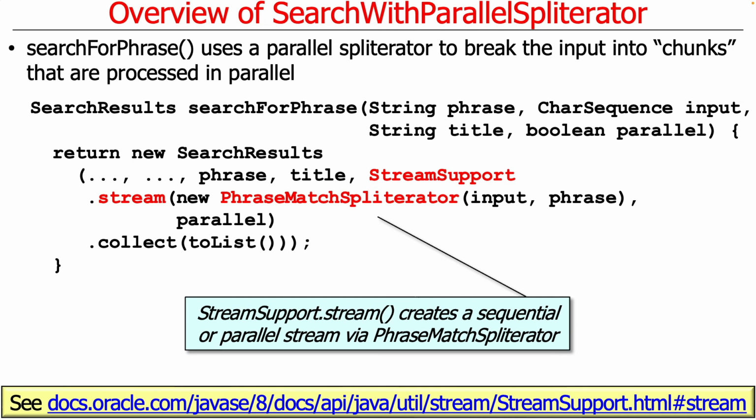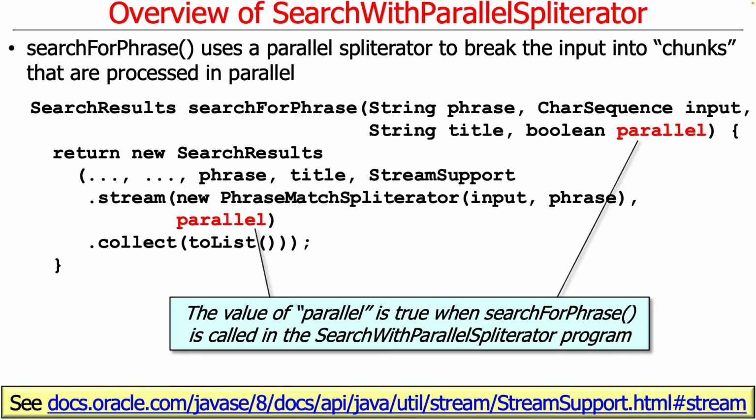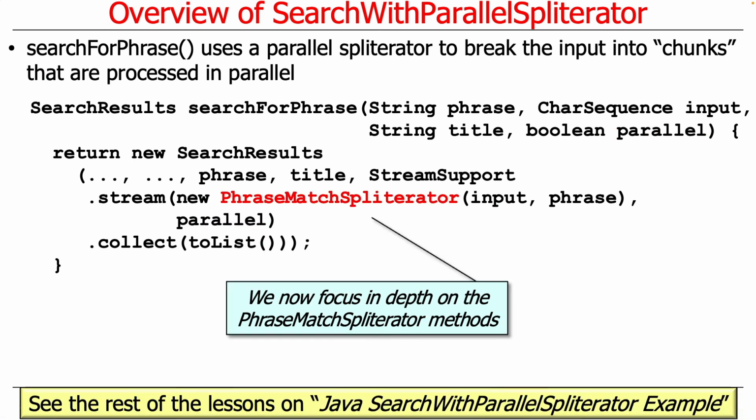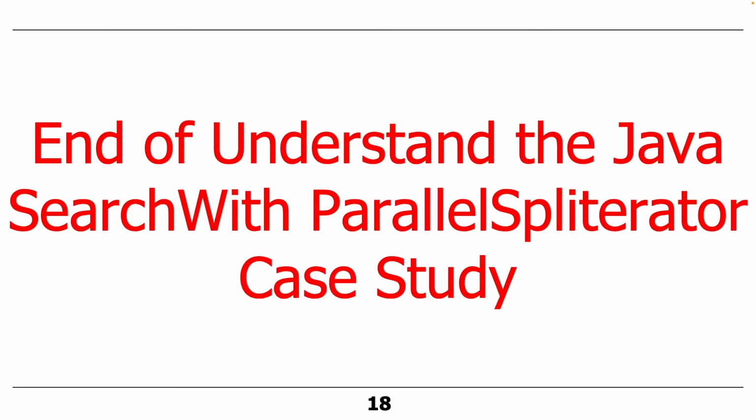And you can see we call new PhraseMatchSpliterator, which we'll look at in a second. That's going to make us a spliterator for the input and the phrase. And then depending on the parameter we pass in, we either do this with sequential streams or with parallel streams. And so here we're going to focus on the parallel version. So let's take a look at the methods in PhraseMatchSpliterator. And that'll be the next part of the lesson.